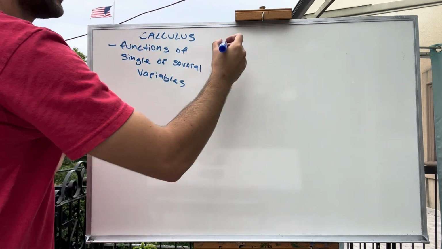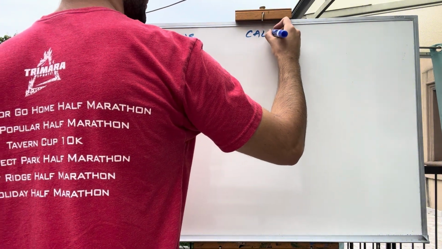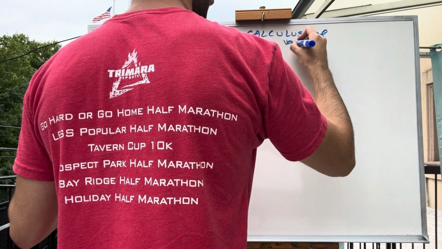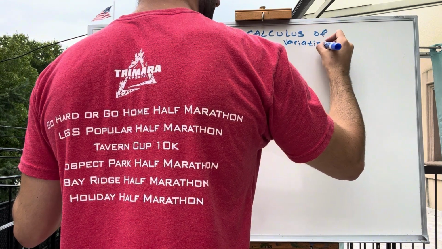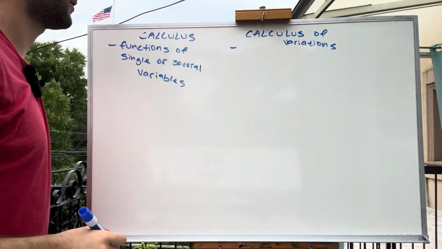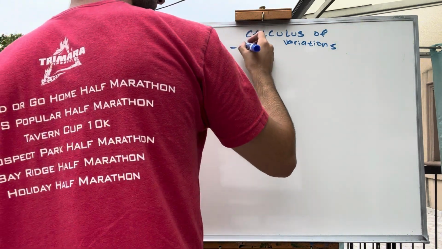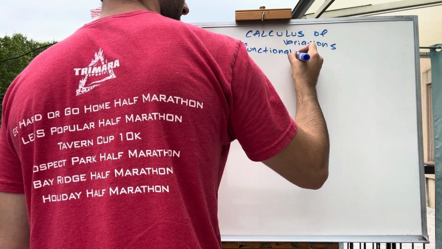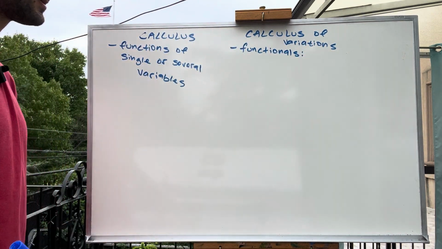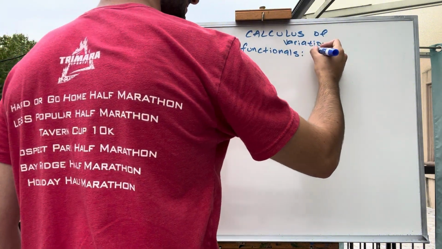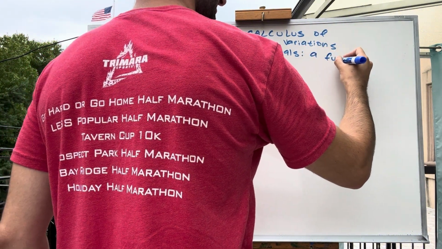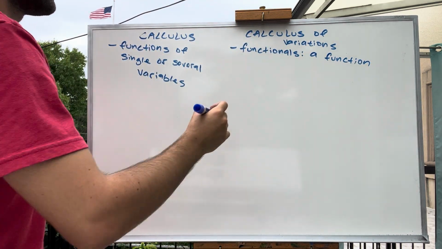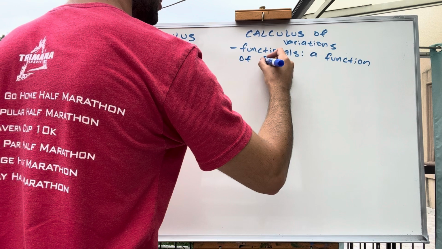The calculus of variations is not much different. Here, instead of dealing with functions, we're dealing with something called functionals. And put simply, a functional is simply a function not of other variables, but of other functions.